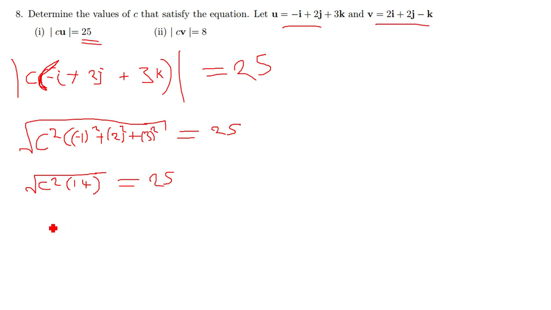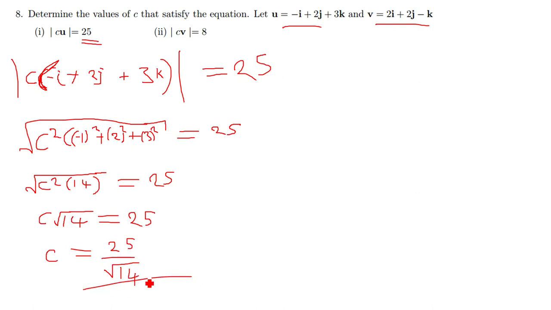So we are going to have something like this: c square root of 14 is equal to 25. So the value of c there will now just be equal to 25 over the root of 14. So this is what you are going to have. You solve question 2 in a similar manner. Okay, so let's quickly move on to the next question.